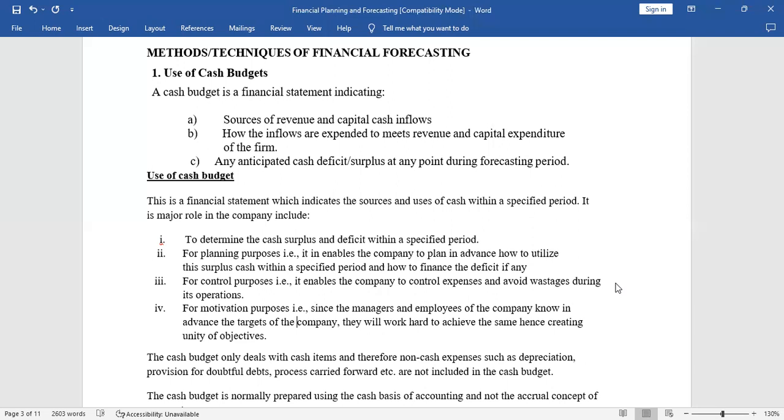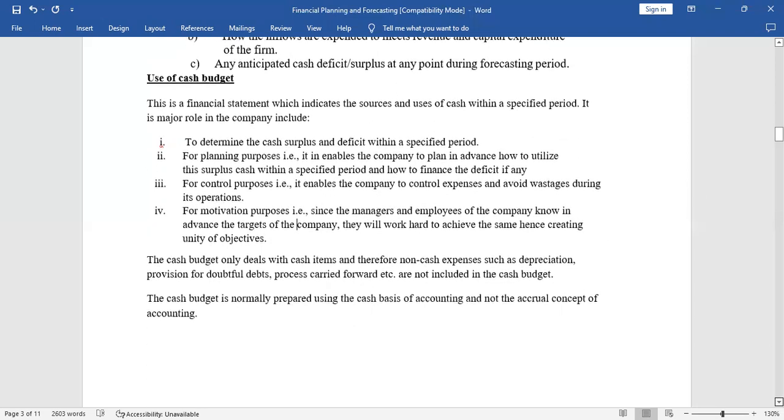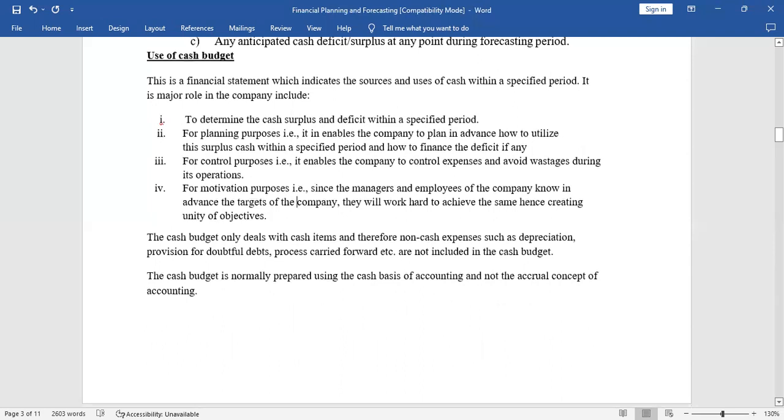So the cash budget deals with only cash items, and therefore you may be utilizing other techniques because of the other items that will be in need of forecasting or establishing for the business.